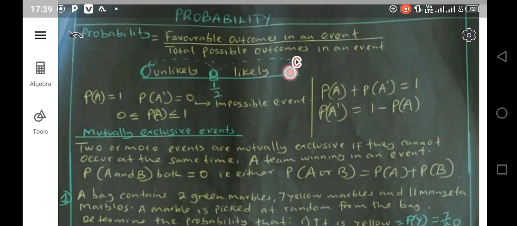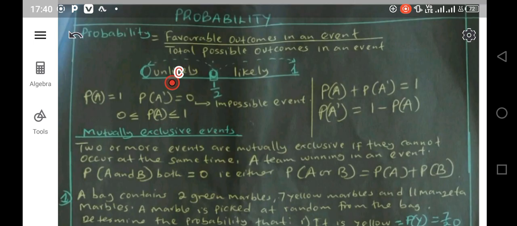So for any event to happen, it has a likelihood or unlikelihood of happening. Now, unlikely events are those with the lowest chances of appearing or happening.